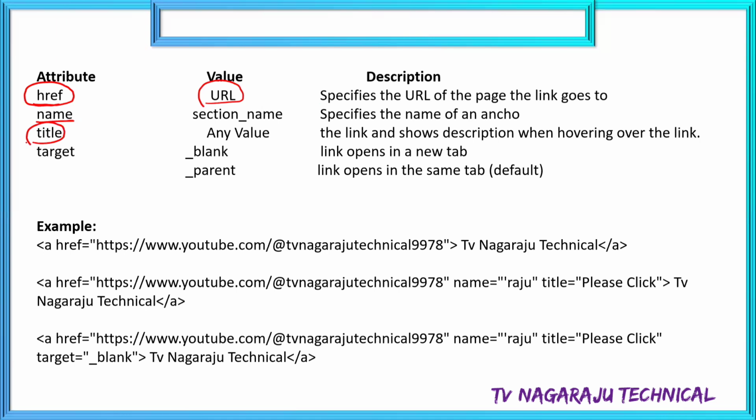Title means, suppose a link is given, the title simply displays when hovering over the link. Target means the link opens in a new window or the same window. Anyway, I will explain with one example.